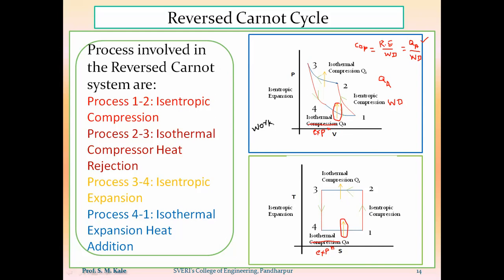To calculate the value of work either supplied or obtained, we always need to observe the PV diagram. And the TS diagram is always used to obtain the amount of heat supplied to the system or the amount of heat rejected from the system.